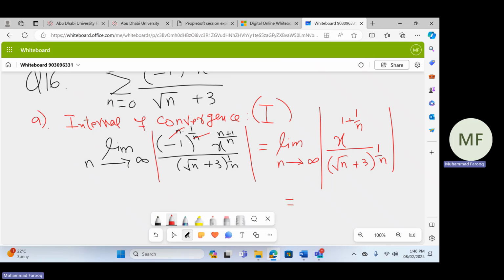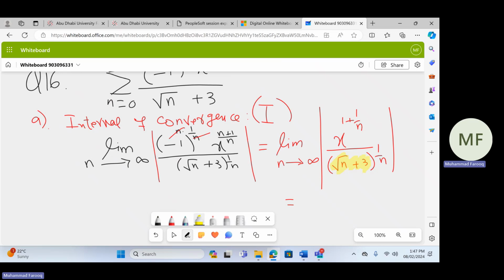What do you think about this denominator? I shared with you two forms: n raised to power 1 by n, or even if you have something like n plus 1 raised to power 1 by n. This is 1. And you can check this with the calculator.